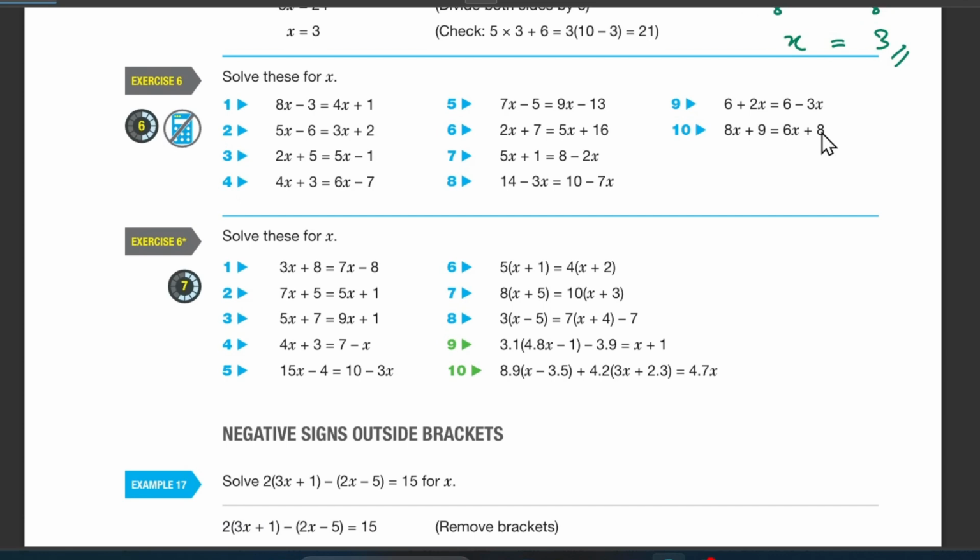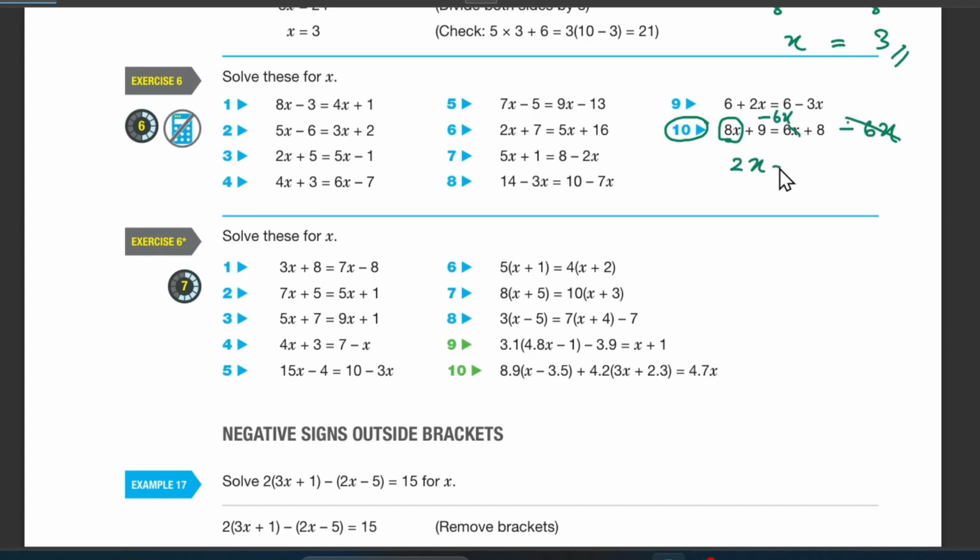So I'll do the 10th one. Here we have the largest x term on the left hand side, so it's better to keep the largest positive x term. Okay. So on the left hand side, it's better to keep x on the left hand side. So I subtract 6x from both sides. These two cancel out.